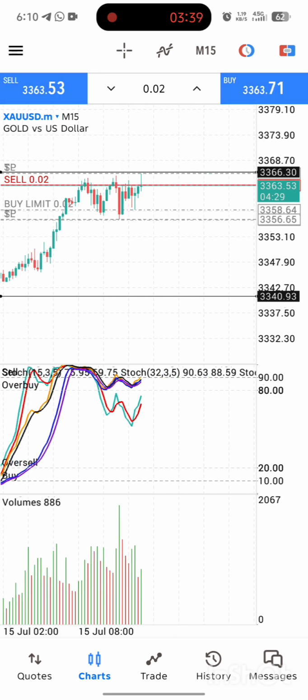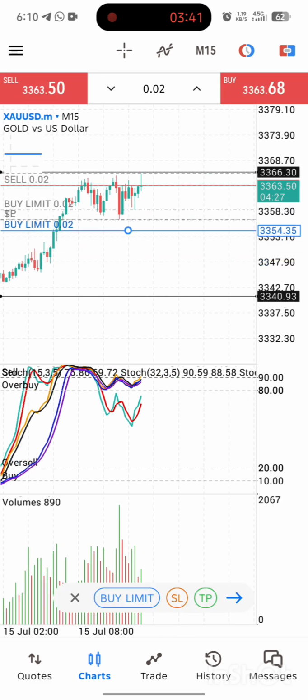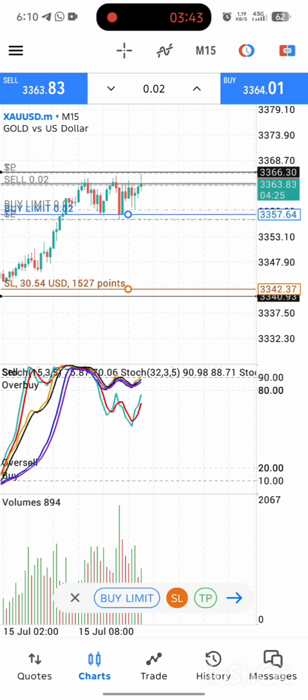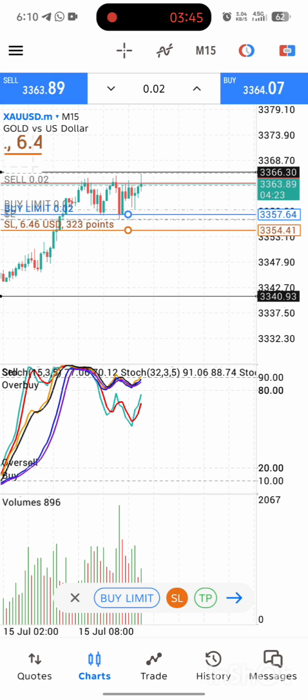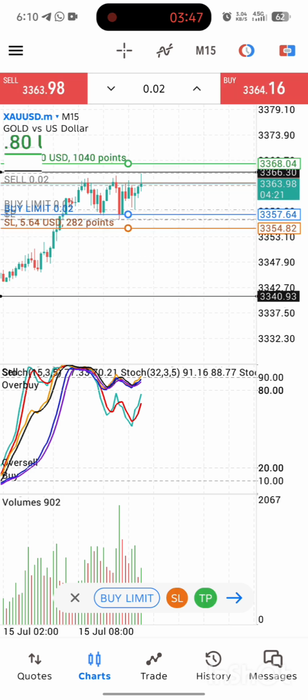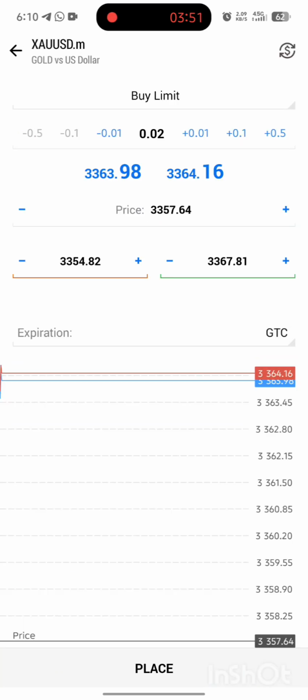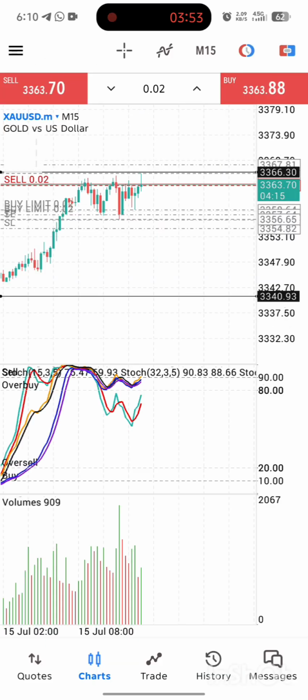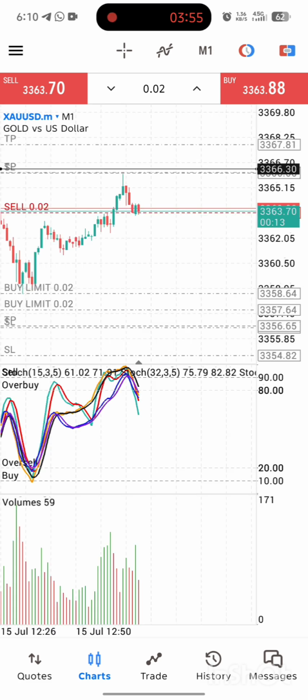Alright, so I'm gonna put another buy limit at this level. I'm just gonna put a tight stop loss, with TP slightly higher, for 100 pips, and I'm gonna let this trade run and see how it goes.